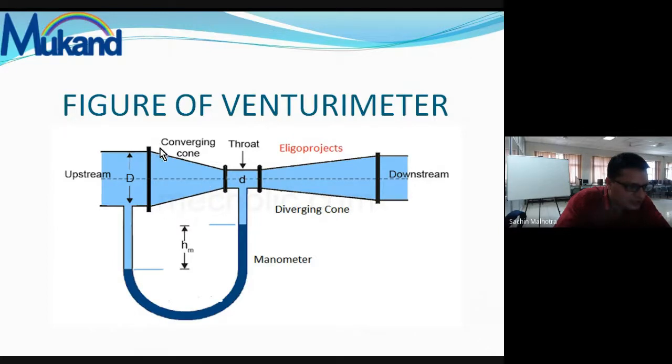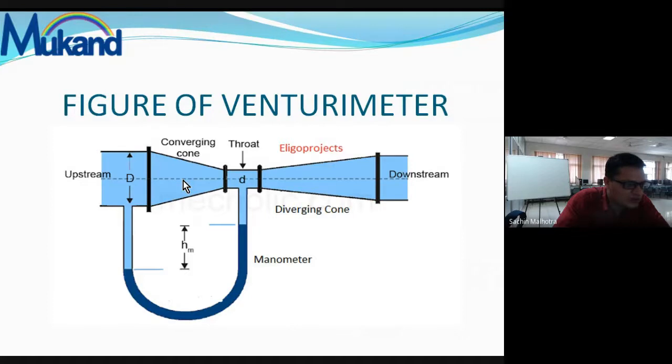First is the converging part, where the area of the pipe is gradually decreasing. This area is known as the throat, where the area is constant and minimum. And the third part is the diverging part, where the area is again increasing.